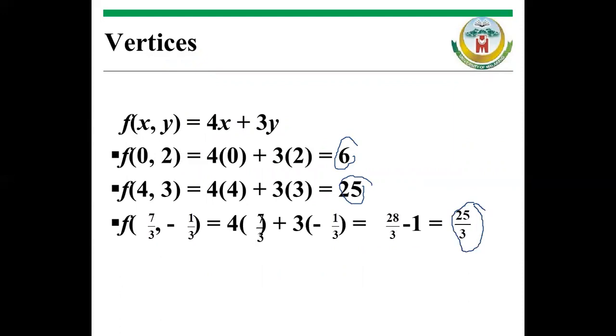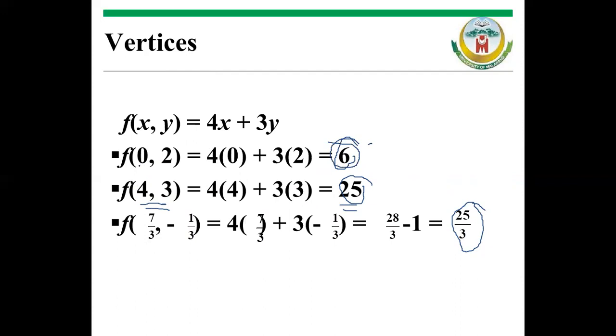So the maximum value is this one. For maximization of the function, we have to use x is equal to 4 and y is equal to 3. And for minimization of the function, this is the minimum value.